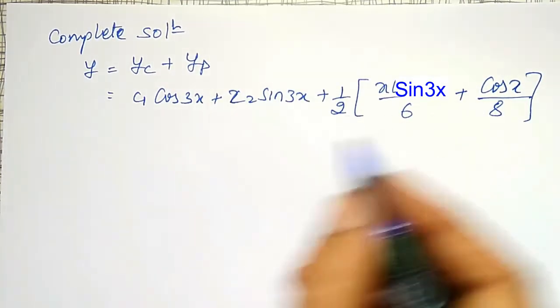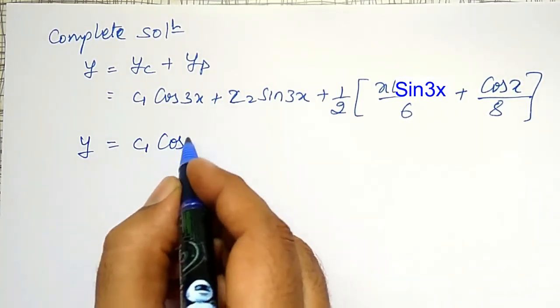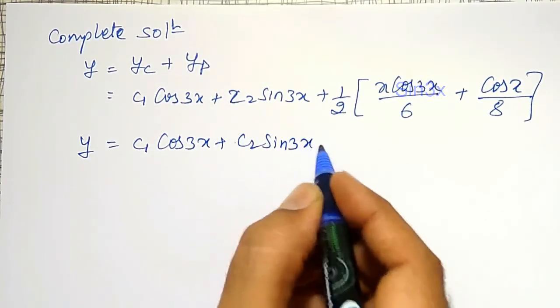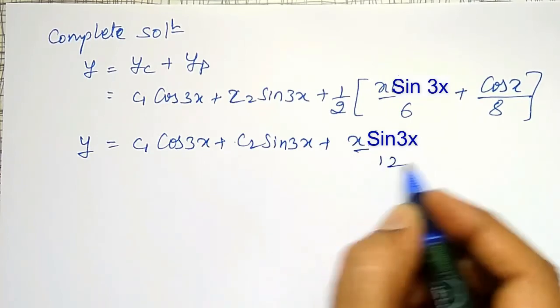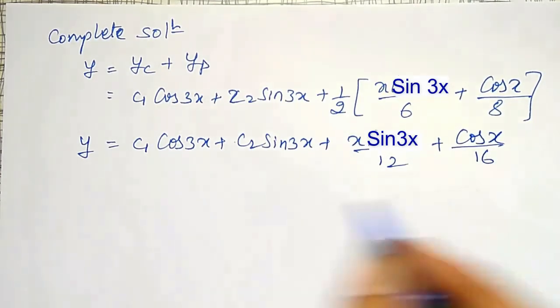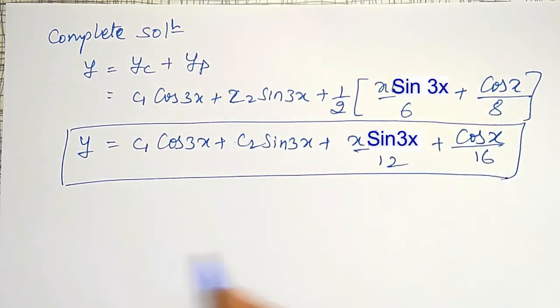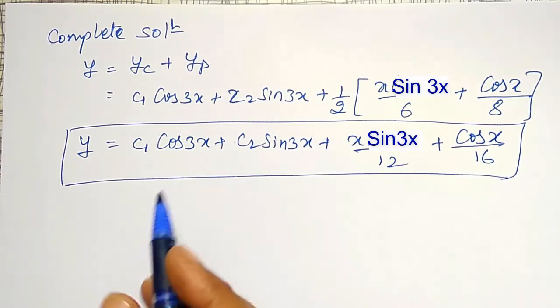Multiplying the 1 by 2 through, my complete solution becomes c1 cos 3x plus c2 sin 3x plus x sin 3x divided by 12 plus cos x divided by 16. It is called a general solution because c1 and c2 are not being found here.